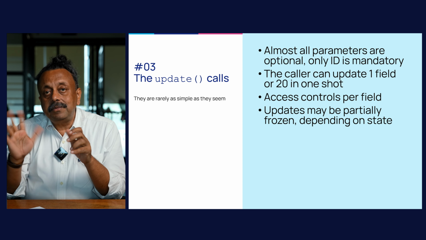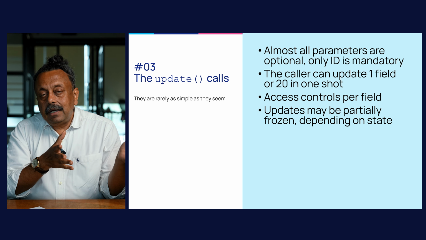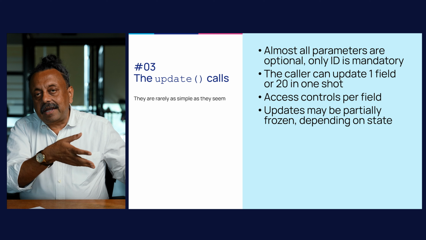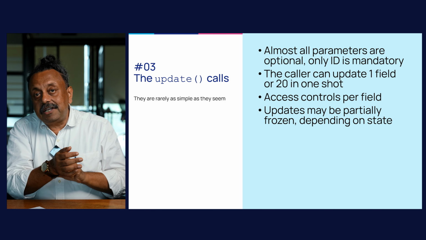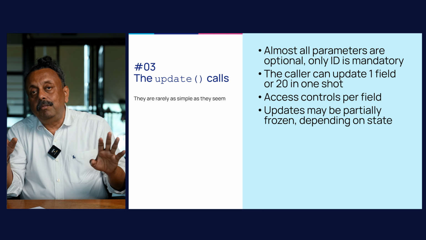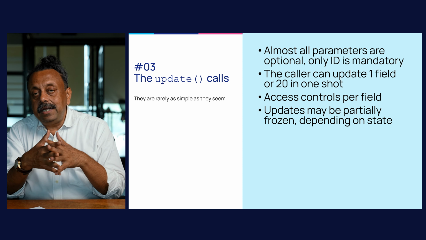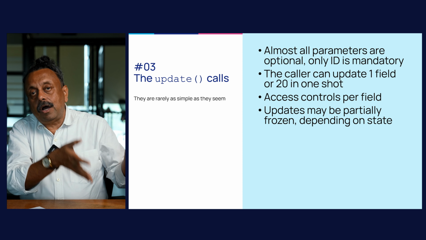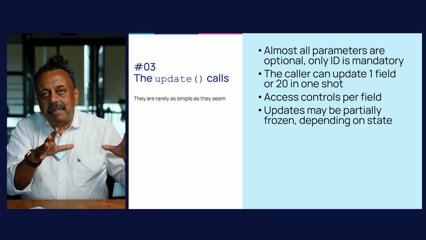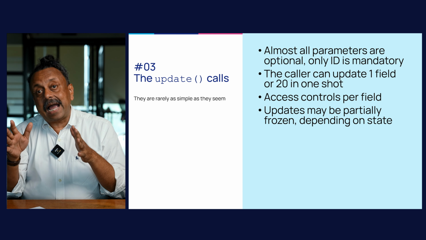And sometimes updates are frozen, as in when an object is newly created, all the fields can be updated. When the object has been partly processed, then some of the fields cannot be updated anymore. For example, if I am creating a new bank account, the banking system may allow me to update all the fields in a freshly created bank account till the bank account is active.